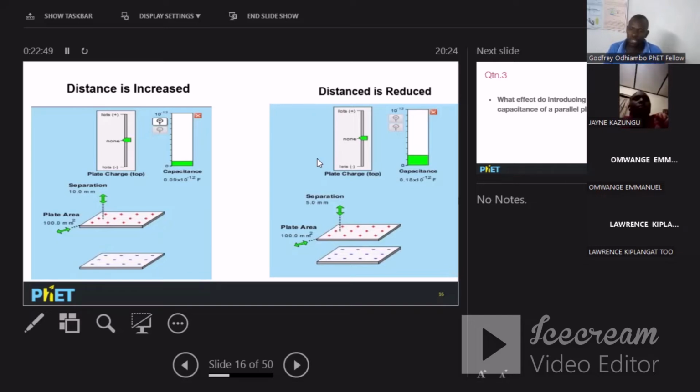To the left, when the distance is 10 millimeters, the capacitance is 0.09 times 10 to the negative 12 farads. To the right, when the distance is 5 millimeters, the capacitance is 0.18 times 10 to the negative 12 farads. At that point, the student can differentiate which one is the correct one and give the correct suggestions at the end of that part.